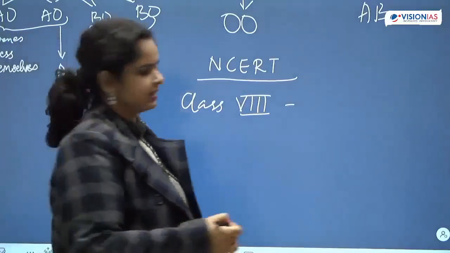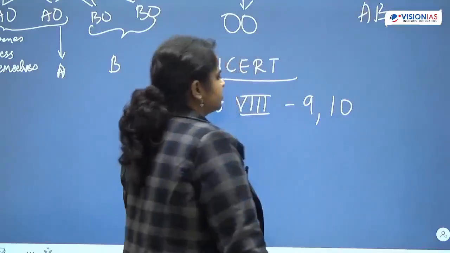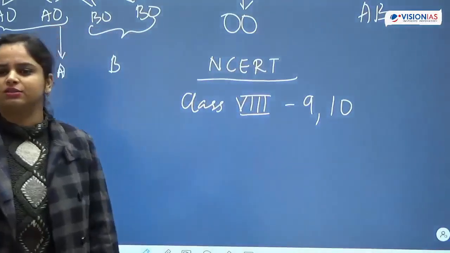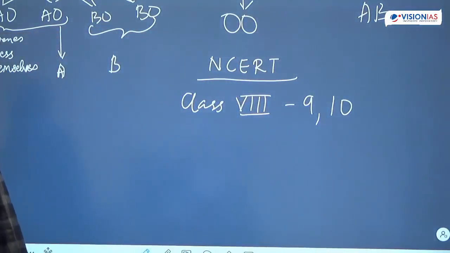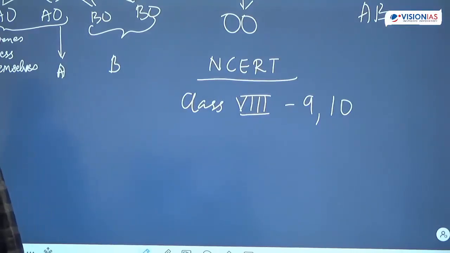So class 8, you have chapters 9 and 10. 10th chapter is on adolescence. It talks about hormones. Then we have not completed a lot of concepts further of genetics.